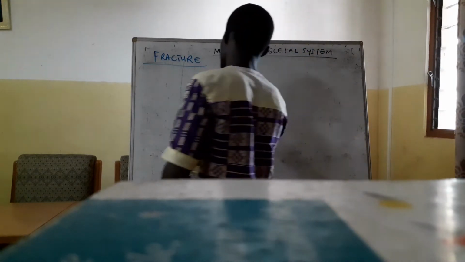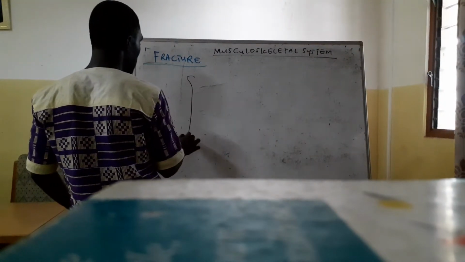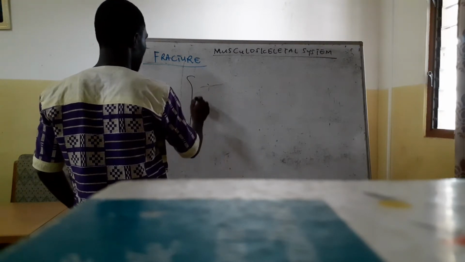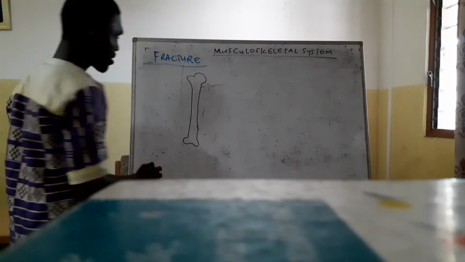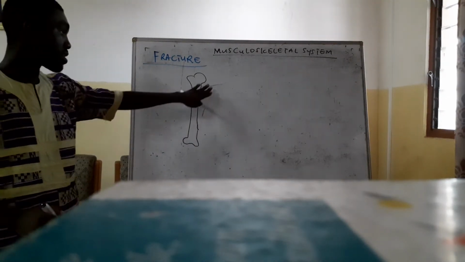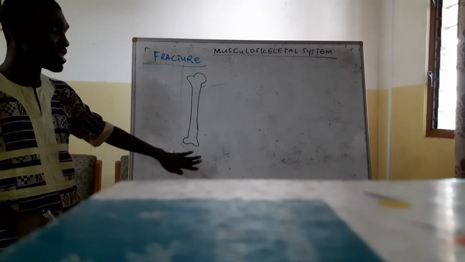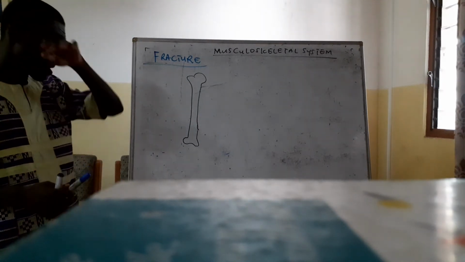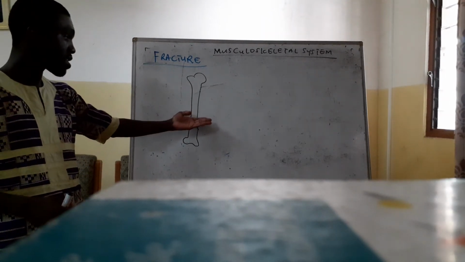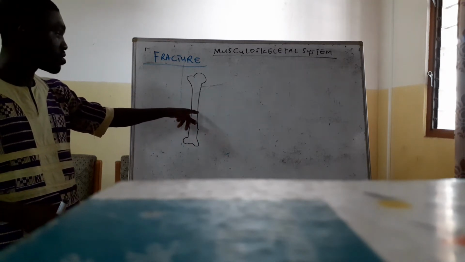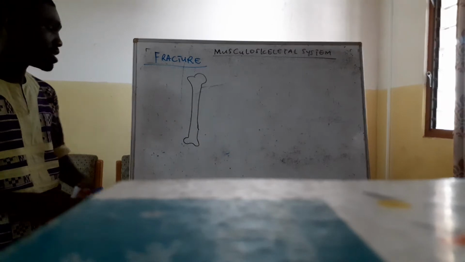So, if you take a bone, let's assume that this is a bone. This is a complete bone, without any fracture. But in case there is an injury to this bone, it leads to a break in the bone.